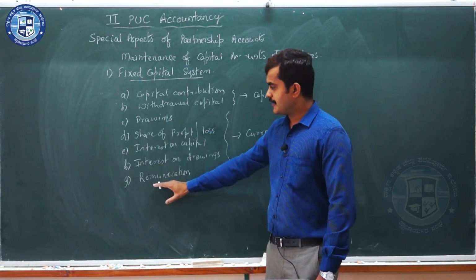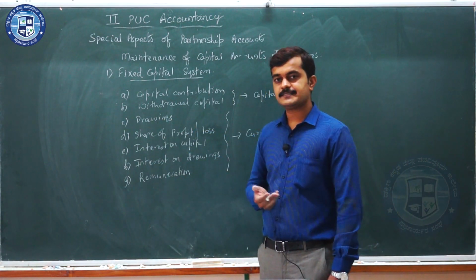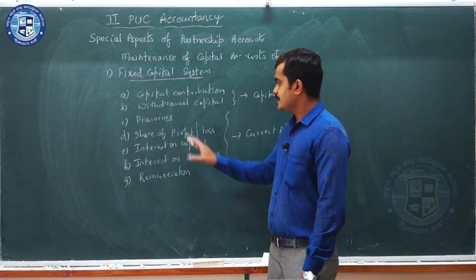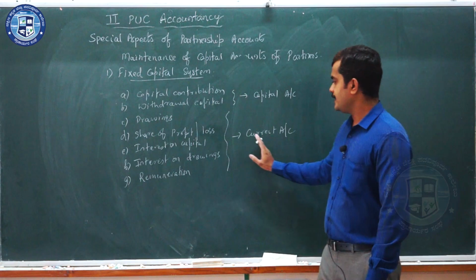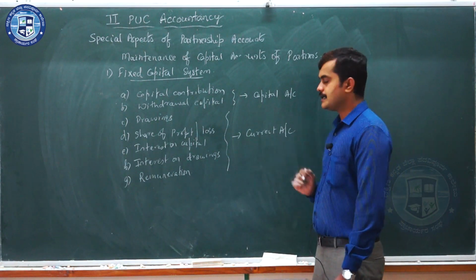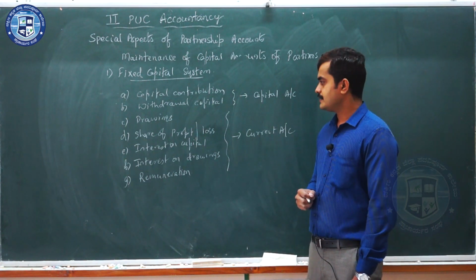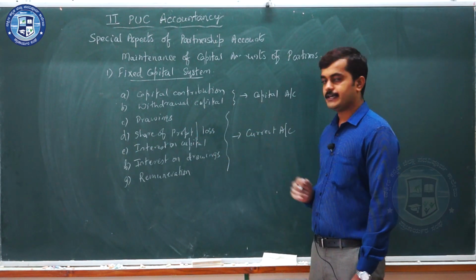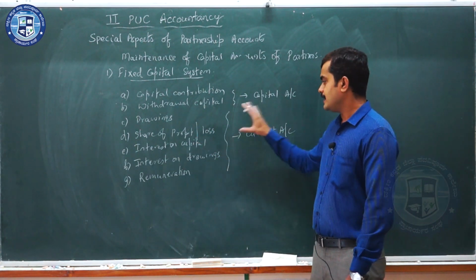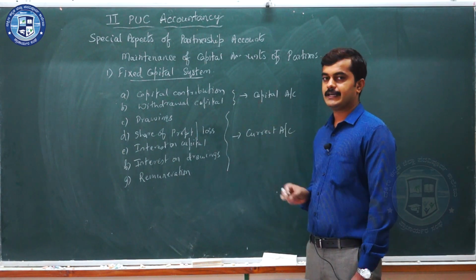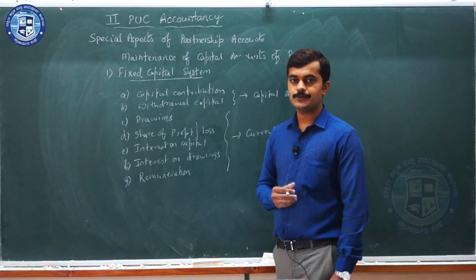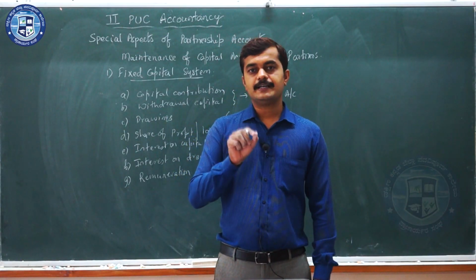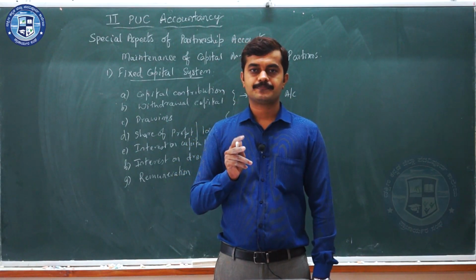The remaining 5 transactions often take place in the firm, so these transactions are recorded in a separate account called current account. Whenever such transactions are there, they are recorded in the current account, and that will affect the balance in that current account. Therefore, under fixed capital system, each partner will have 2 accounts.